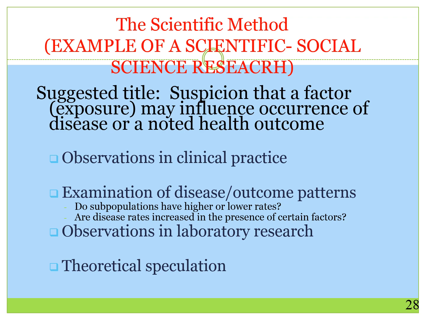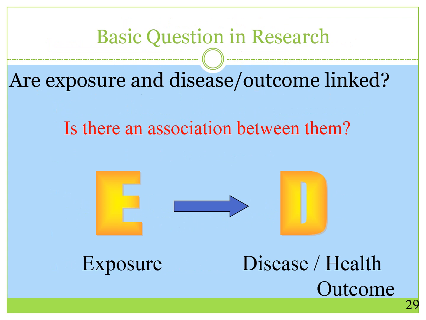So from this title, we can make four types of statement. You can just observe it, do the examination, observe in the lab, or it is only a theoretical speculation.